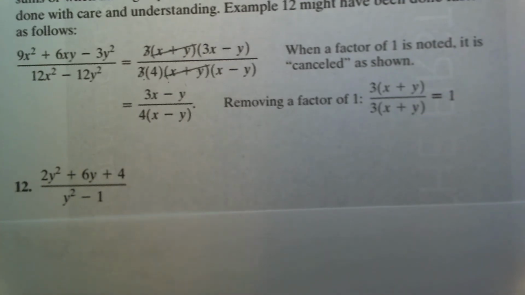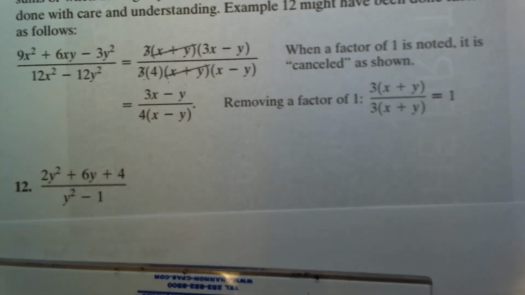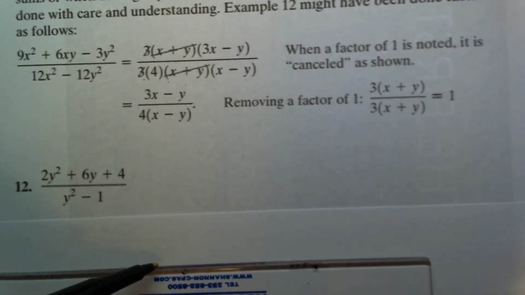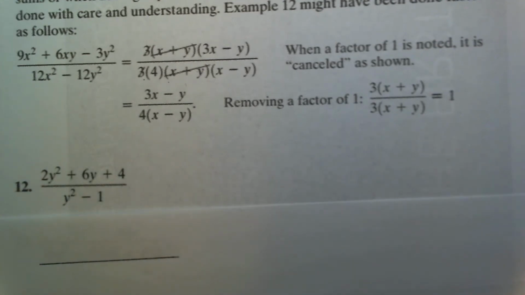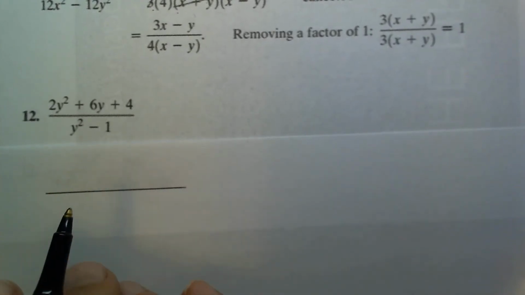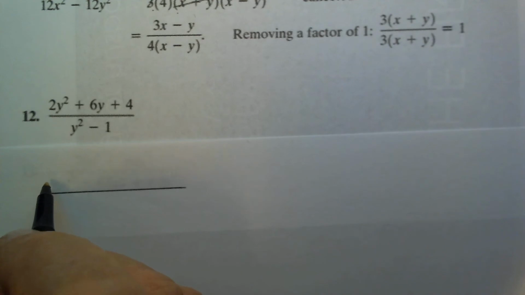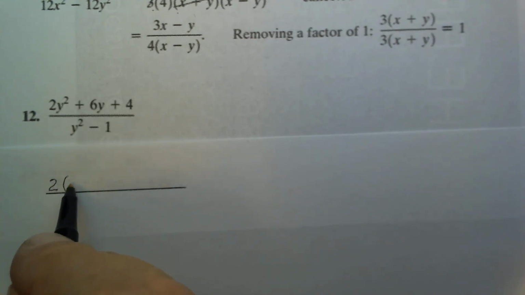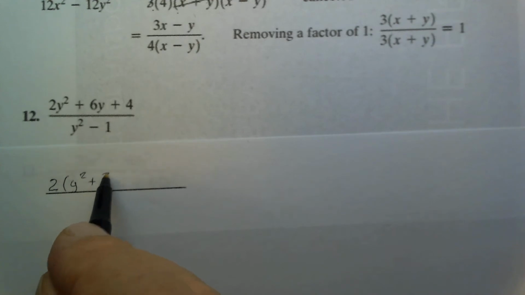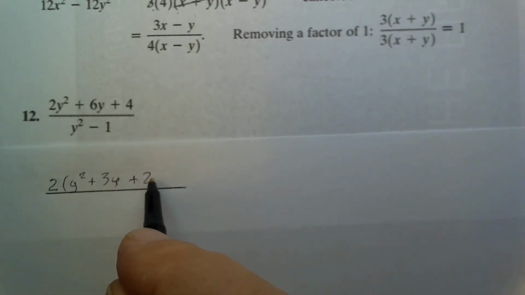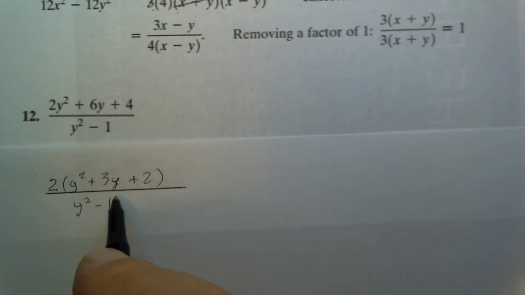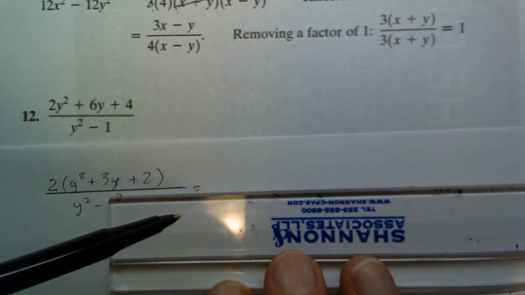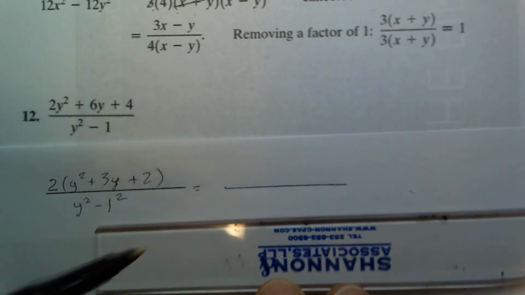So the idea here is to factor the numerator and to factor the denominator. So we notice there's a greatest common factor of 2 in the numerator. By factoring it out, we get 2 times y squared plus 3y plus 2. And the denominator is y squared minus 1. And so now we can factor the numerator and denominator some more.